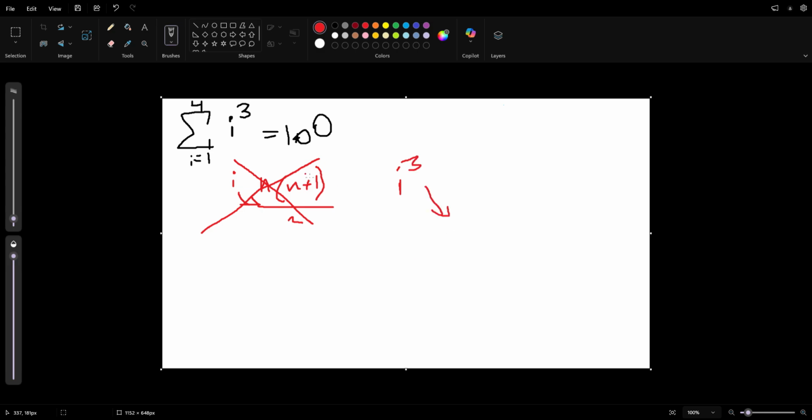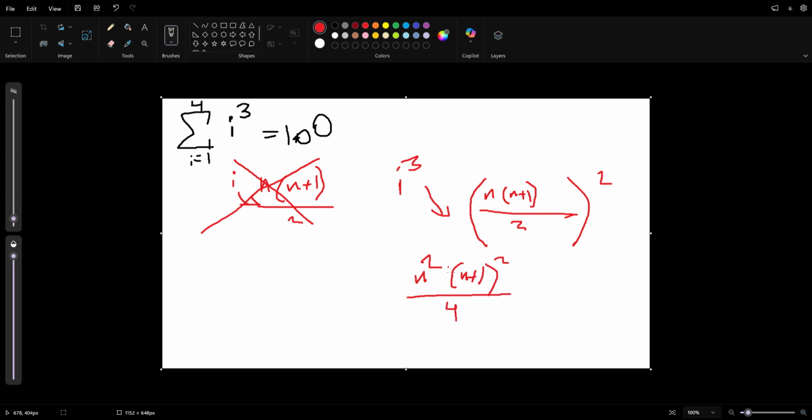Look at this formula. It's n times n plus 1 over 2. What if we just square that entire thing? Well, that's essentially what i cubed is. It's n squared times n plus 1 squared over 4, which is the formula for i cubed.